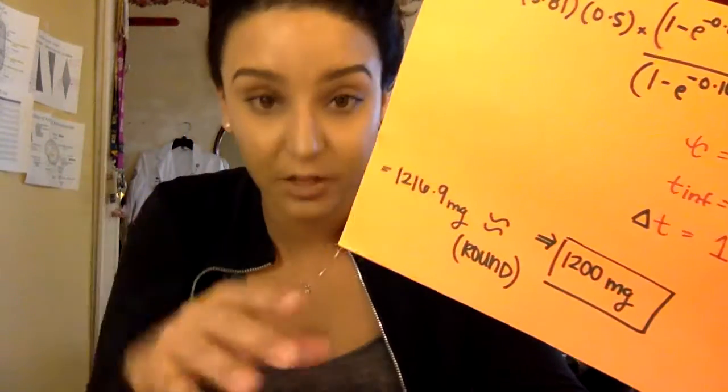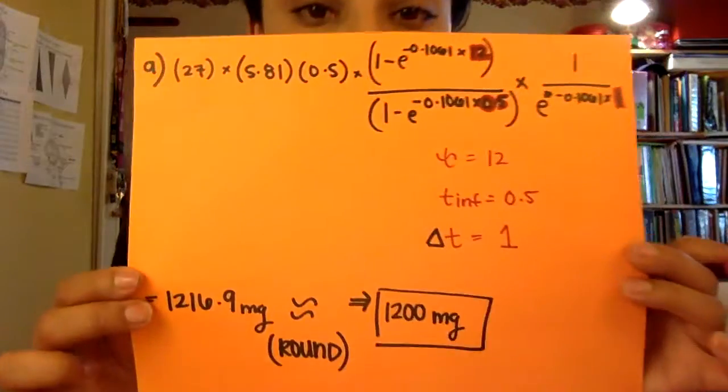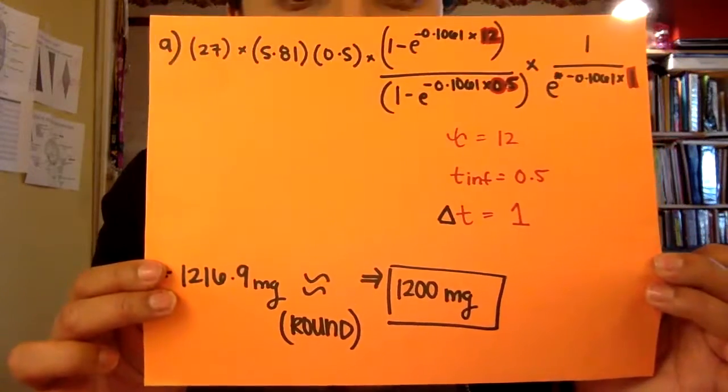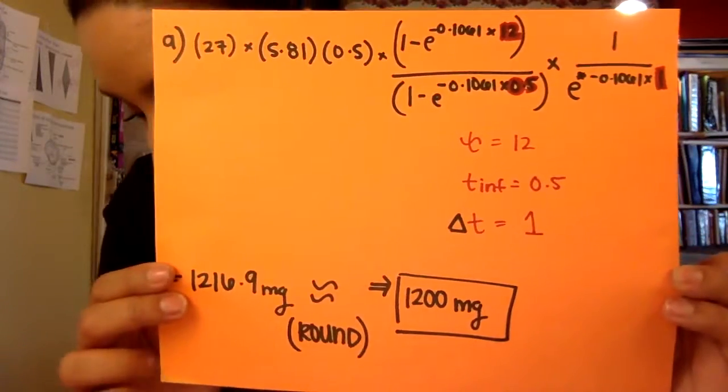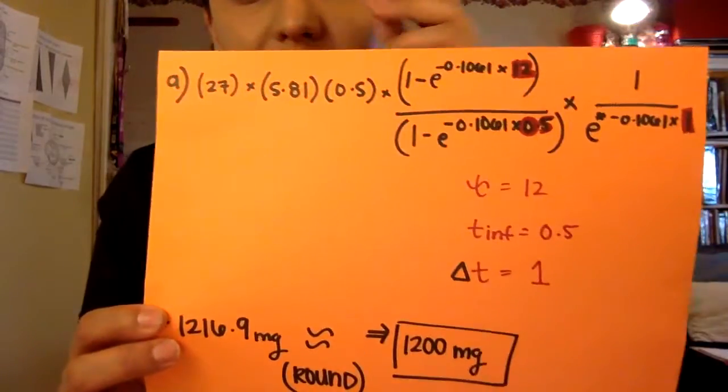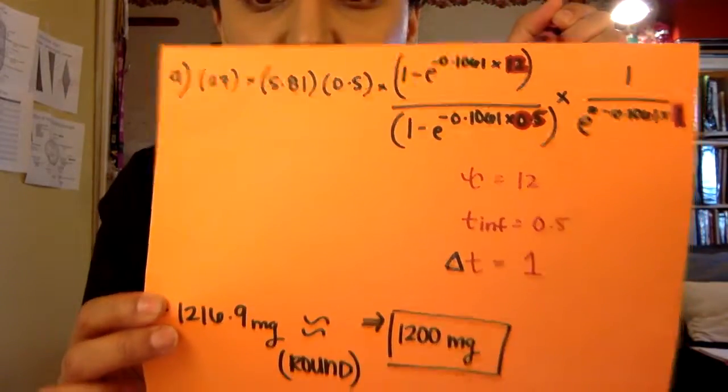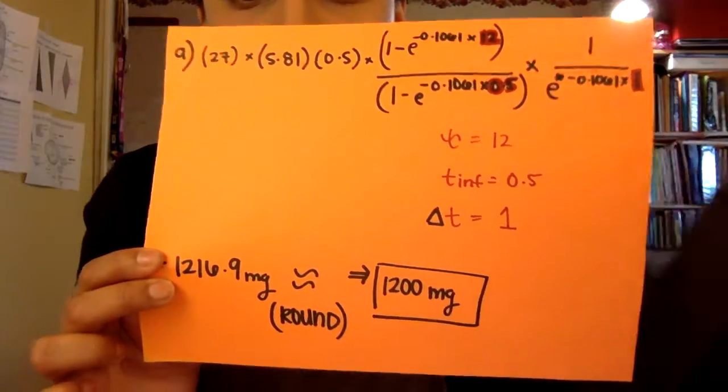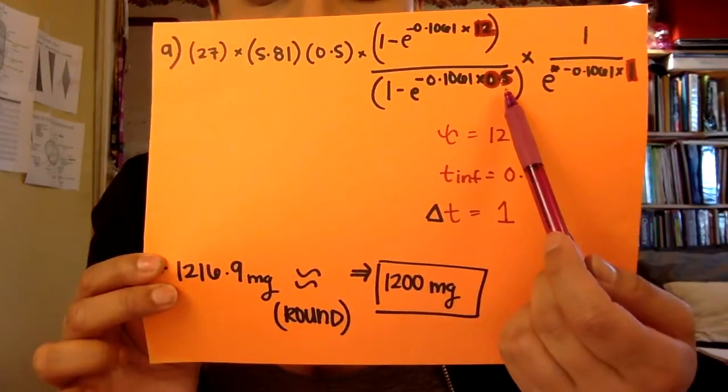So you have to solve that, and then you can go ahead and use this. And then 0.5 is your T infusion, and your tau, like I said, was given as 12. And your T infusion, this 0.5, always stays the same.